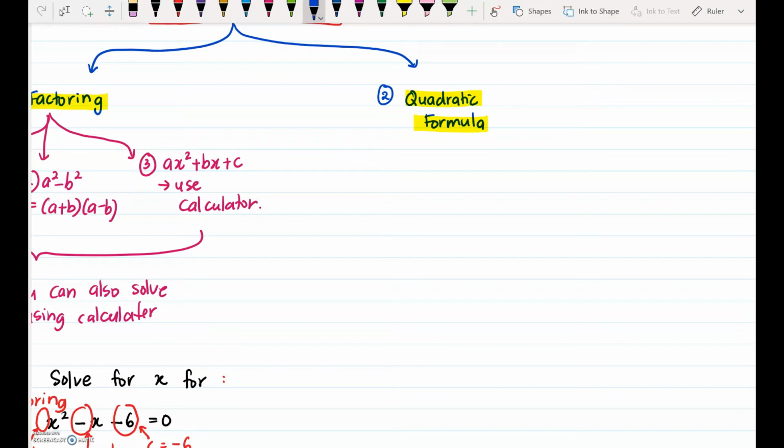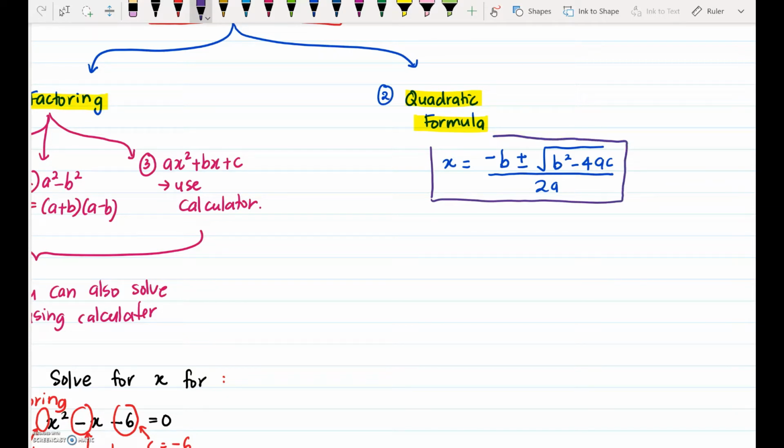The formula is x equals to negative b plus minus square root of b squared minus 4ac, divided by 2a. So this is the formula that you need to memorize.